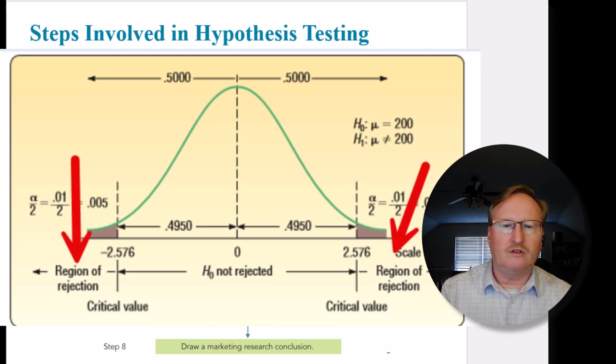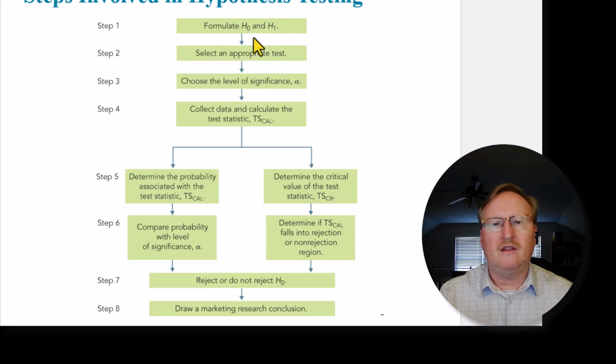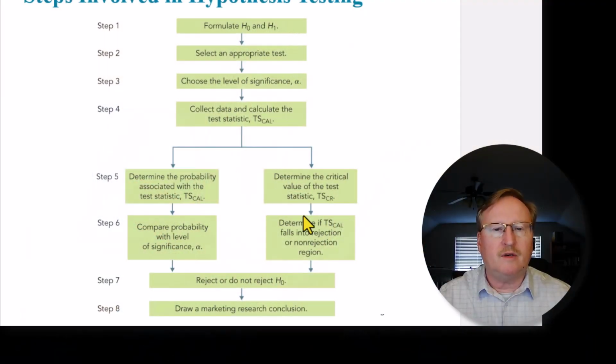If it falls into the fail to reject region, that means I don't reject the null hypothesis, and I could say that supports my alternative hypothesis, right? And really, at this point, the alternative hypothesis is your hypothesis. What do you think? You're testing the null hypothesis, and if you reject the null hypothesis, then that supports your hypothesis. What determines that is this step number 6, right?